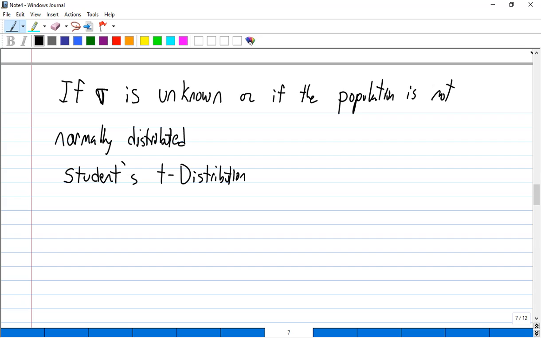All right. So that's not a Z distribution because T is a different letter, right?